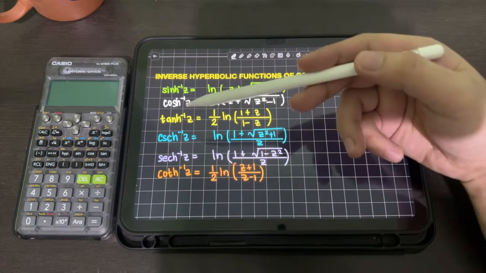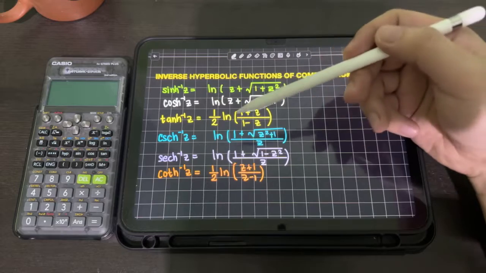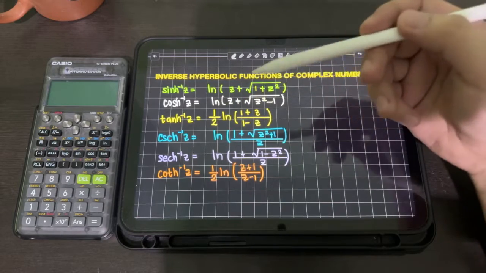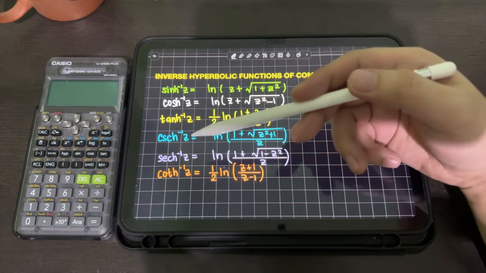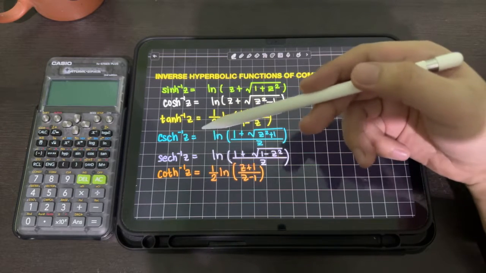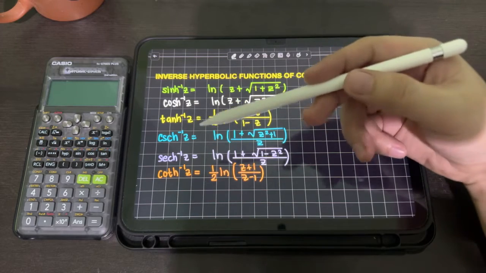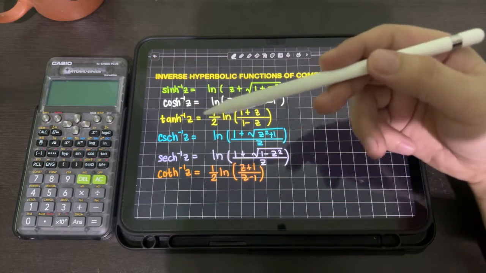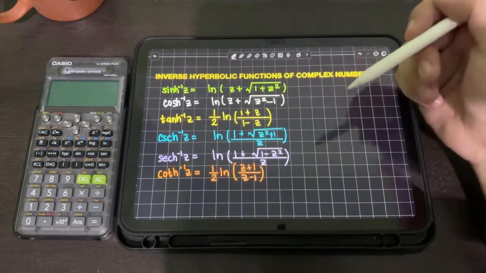For the inverse hyperbolic tangent, or arctanh z, it is equal to 1 half ln of 1 plus z over 1 minus z. For the inverse hyperbolic cosecant, or arccsch z, it is equal to ln of 1 plus the square root of z squared plus 1, over z.